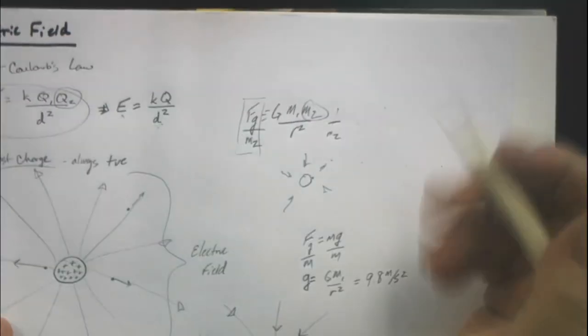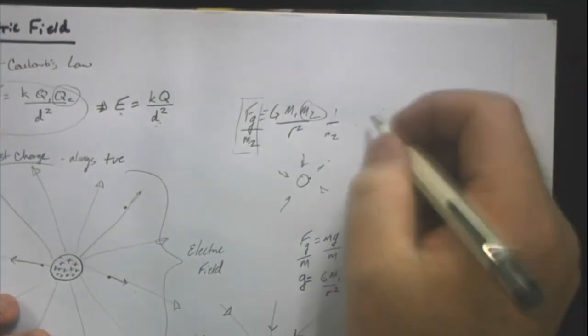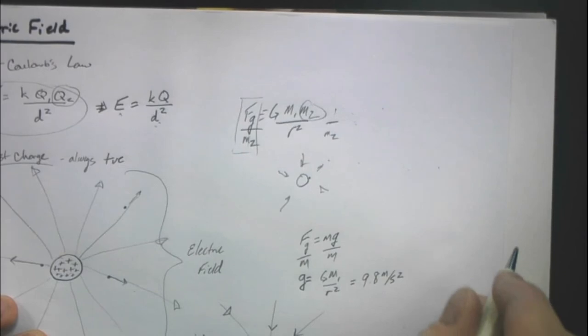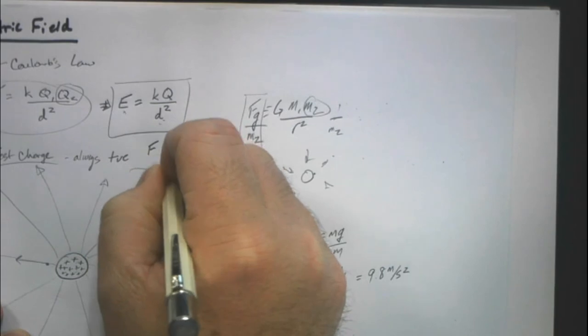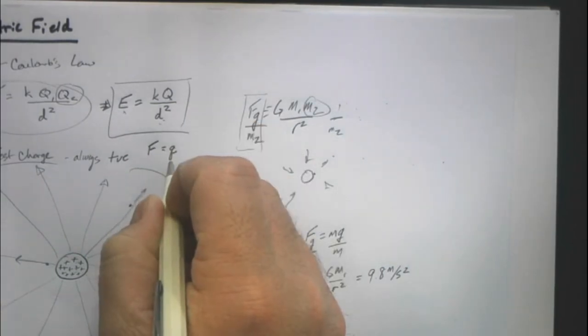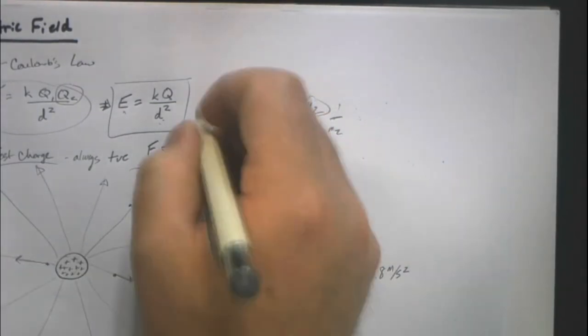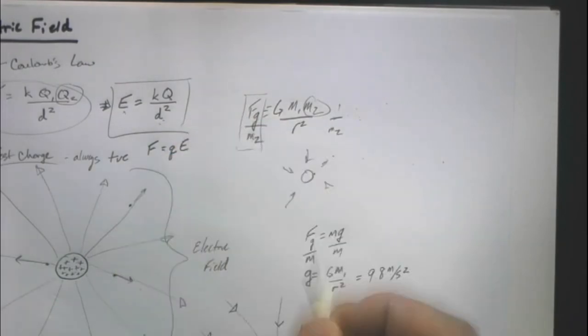Okay, real quick addendum to that lecture. You're probably going to be asked, what is the force on an object that has a particular charge? So if we have a field, if this right here winds up being our field, then our force on our object is going to equal the charge on the thing that's in the field times the field itself.